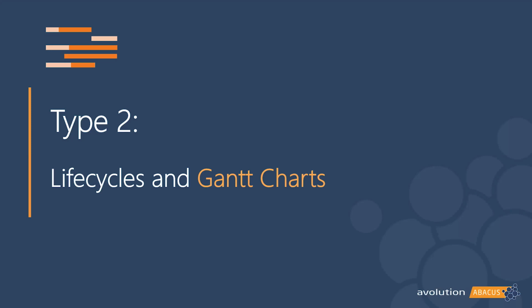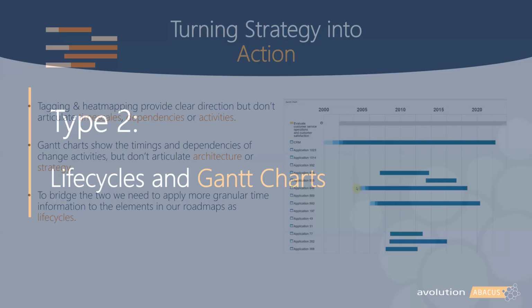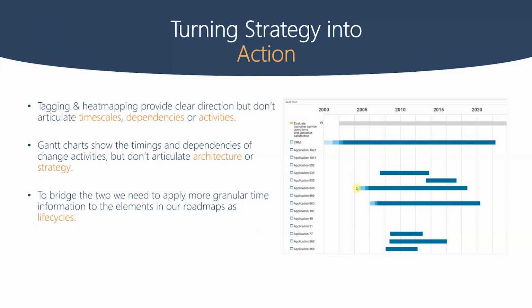Now, traditionally, this would have been through things like Gantt charts, and certainly we'll take a look at one of those today. But specifically, when we start thinking of life cycle dates in Abacus, we usually categorize these into two different types. So we might consider life cycle dates that we can control. Usually these are internal life cycle dates, end of life dates, into production dates for systems or services.